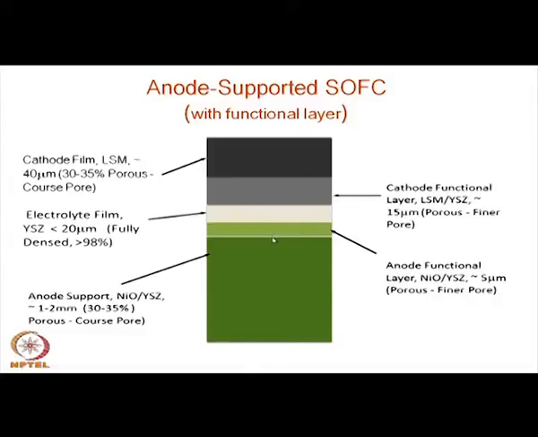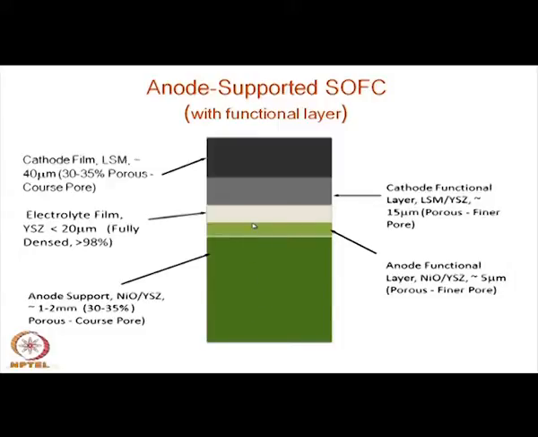Finally, it becomes an Ni YSZ, just like the composition of the original anode material, but more importantly it has a finer pore size. So, once again there is a gradient of pore size, from coarser pore to finer pore.